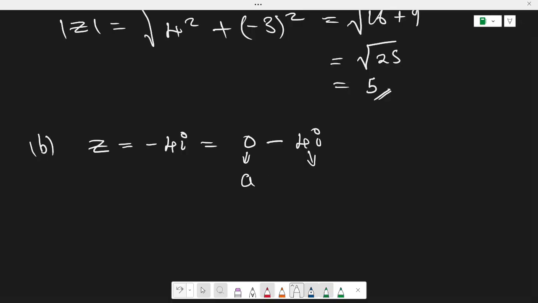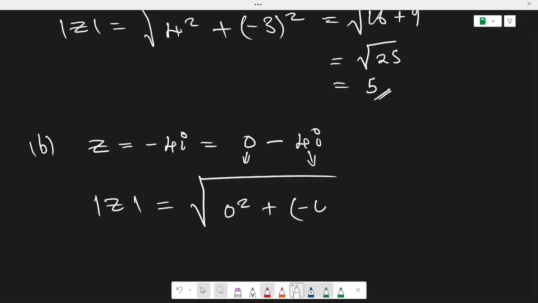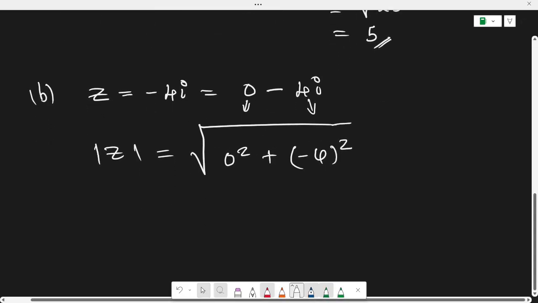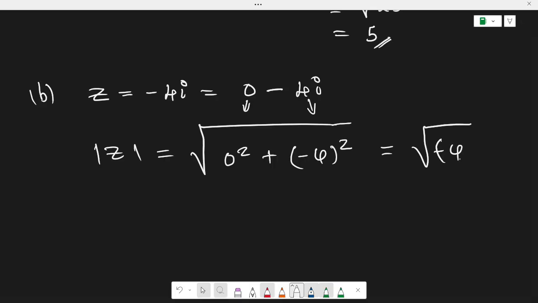And to find |z|, you can just write it like this. It's the same thing. Make sure the negative is there. And this will give us the square root of 16, which is 4.